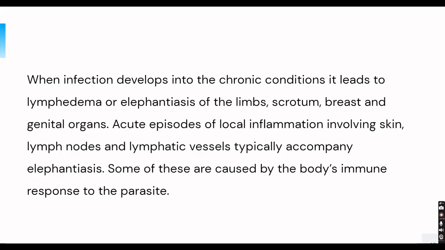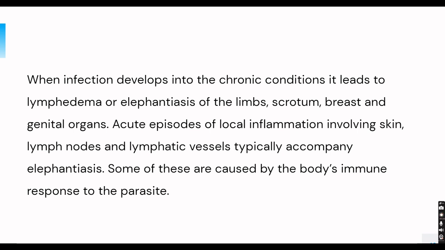When the infection develops into a chronic condition, it leads to lymphedema or elephantiasis of the limbs, scrotum, breast, and genital organs. Acute episodes of local inflammation involving skin, nodes, and lymphatic vessels typically accompany elephantiasis.